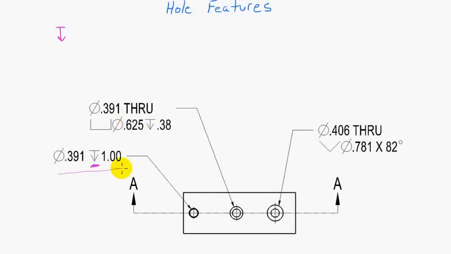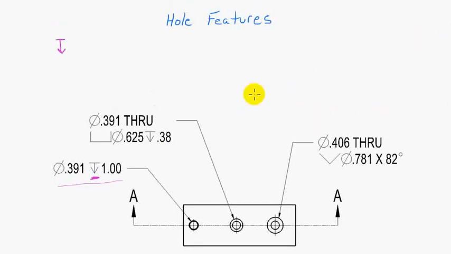Now the next one we're going to look at also has a diameter of 0.391, only this time it's through. And then we see this depth symbol that we've already learned about, but there's another symbol over here. And what is that?